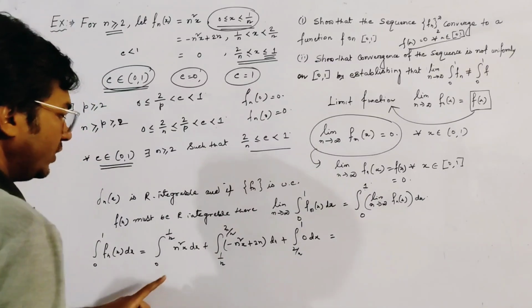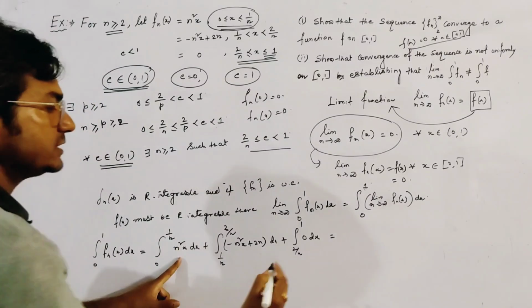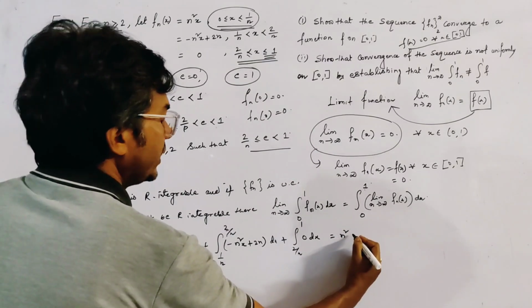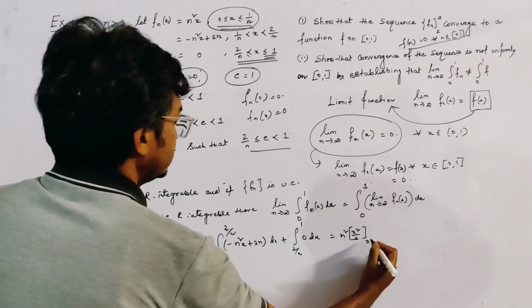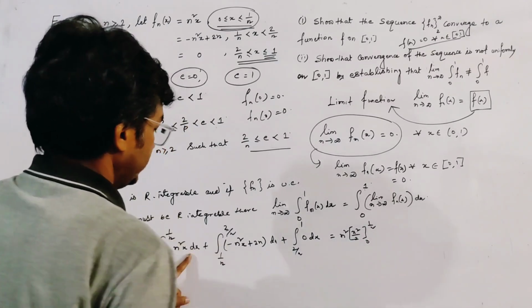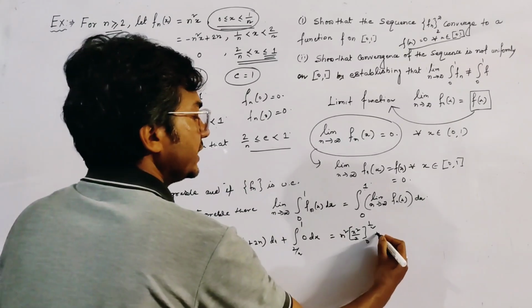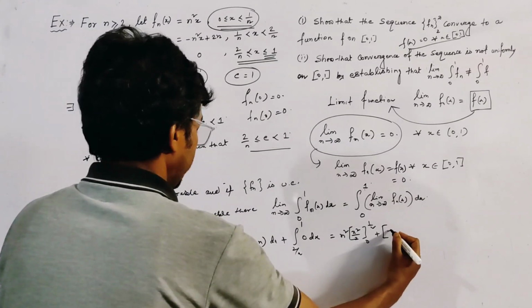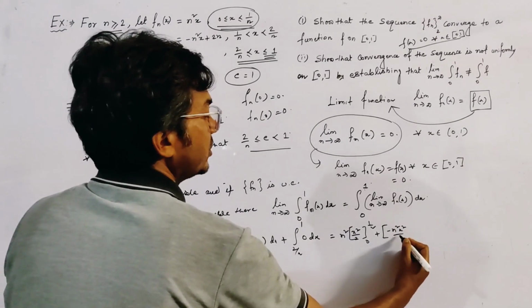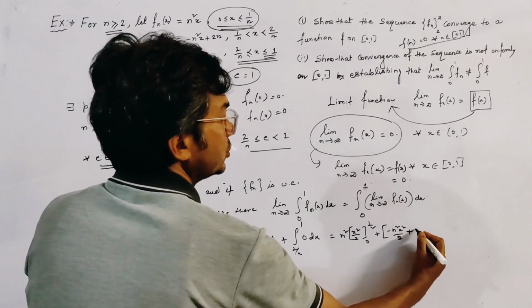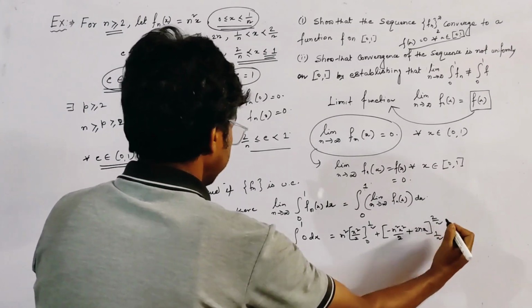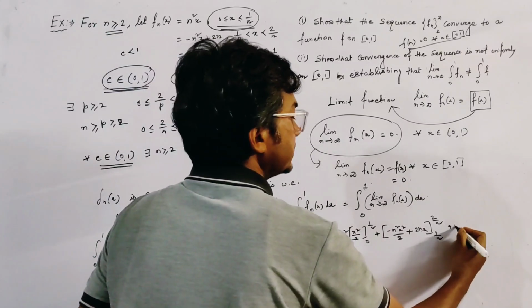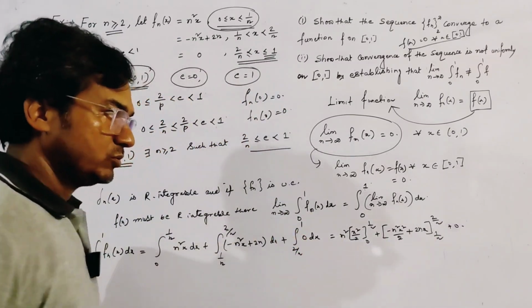So the value of the integration is n square into x square by 2, range 0 to 1/n, plus minus n square x square by 2 plus 2nx, range 1/n to 2/n, and the last is 0 because the integrand is 0.